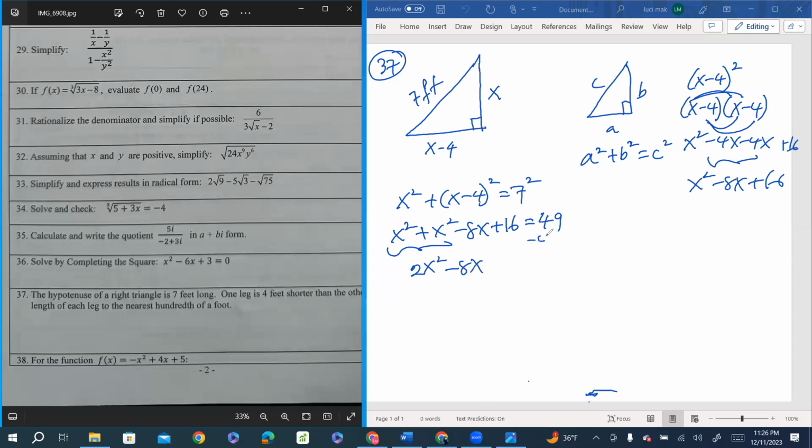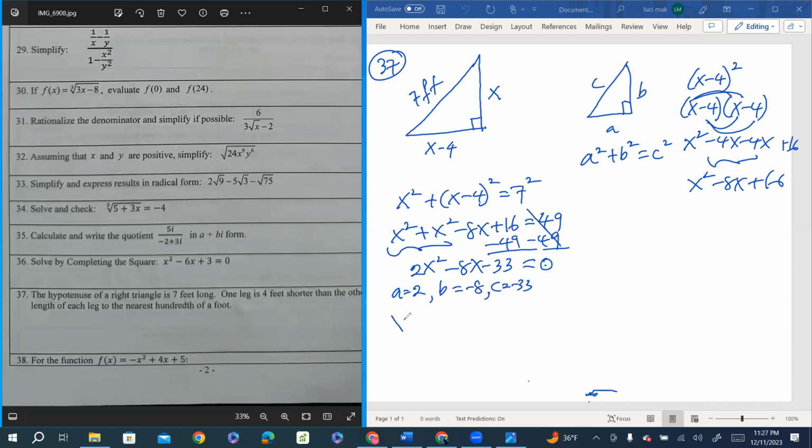Let's subtract 49 on both sides to bring it to one side. 49, 49 cancels. That side is a 0. 16 minus 49. Is that a 33 negative? I believe so. This one can't be reduced. So here A is 2, B is negative 8, C is negative 33.